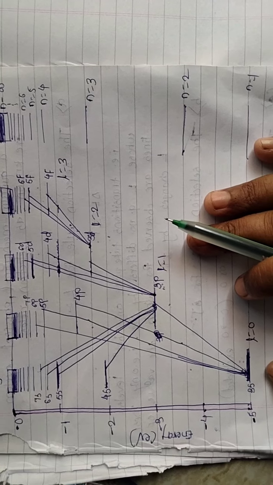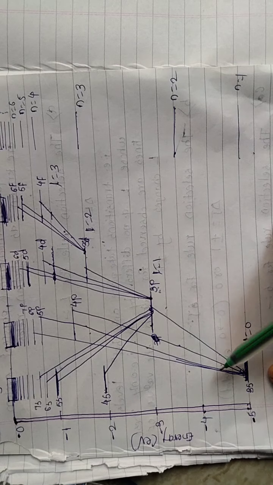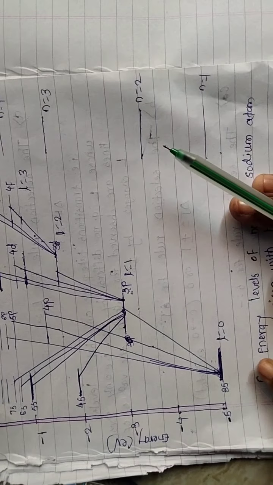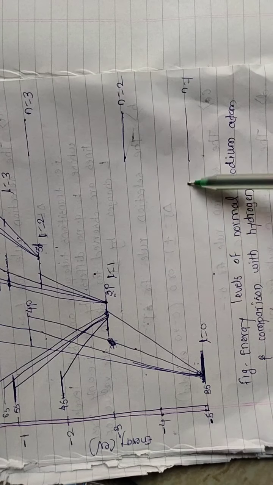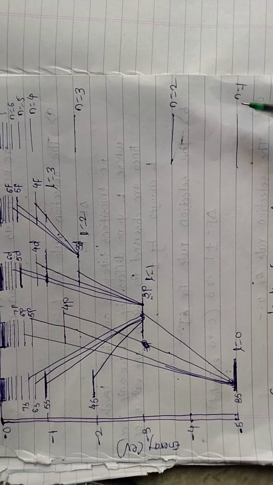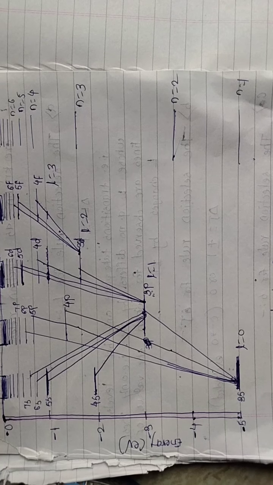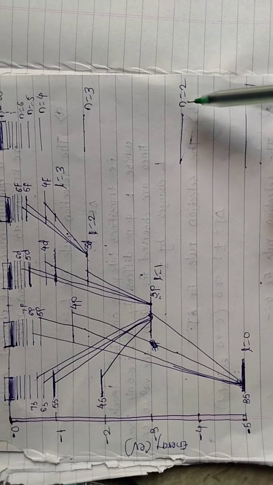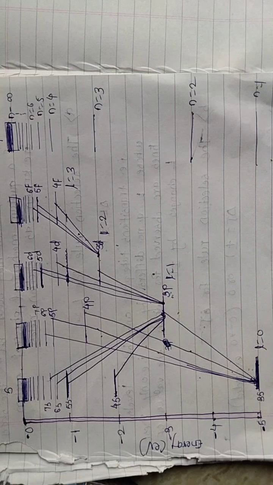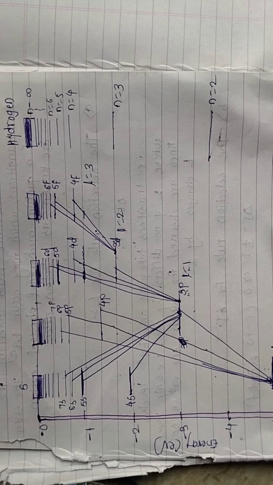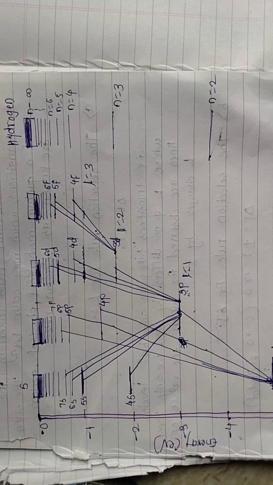This is the energy level diagram. In this diagram, the vertical line shows the energy and this axis shows the term value. Here we are taking n equal to 1, 2, 3 and 4, and this is the energy level in comparison with the hydrogen atom.